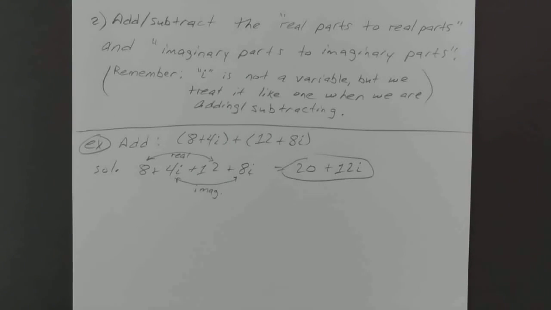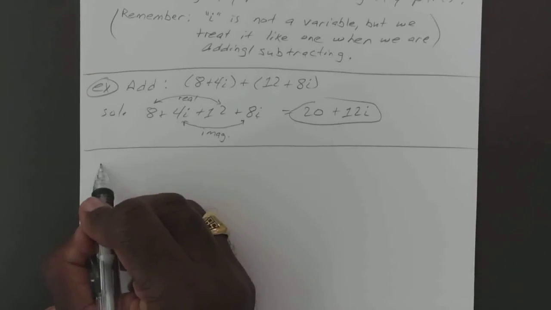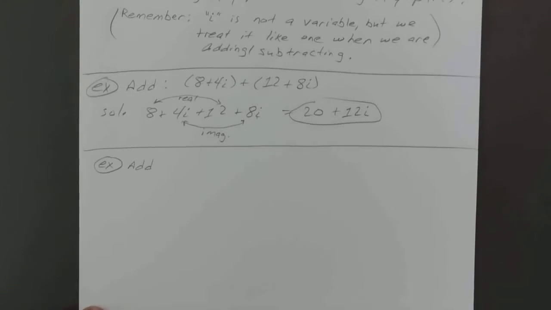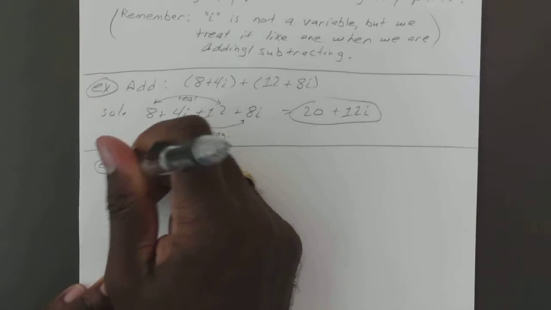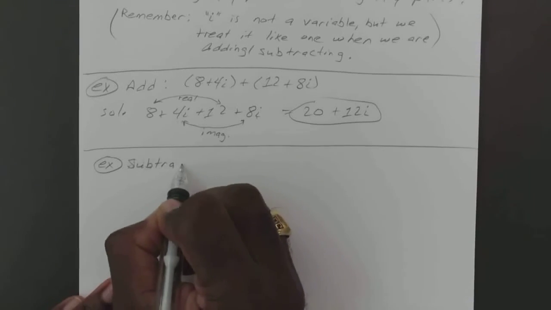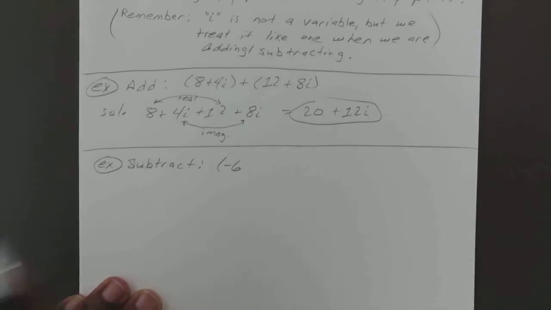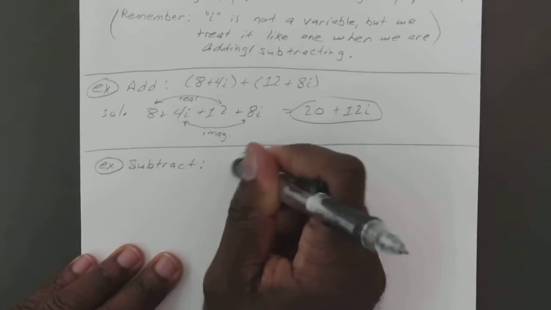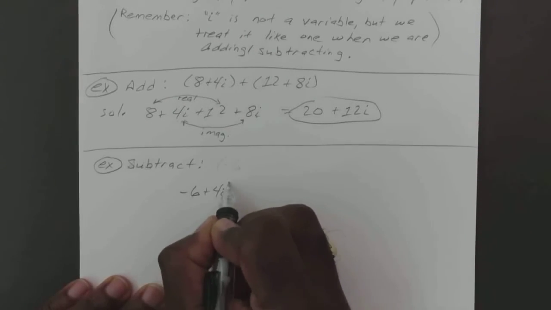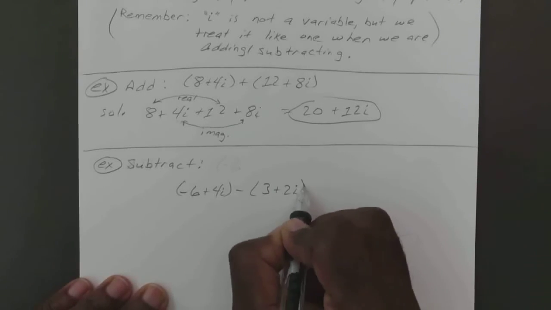Okay, so let's say we have, separate that one, you wanted to subtract this one. Say negative 6 plus 4i minus 3 plus 2i.